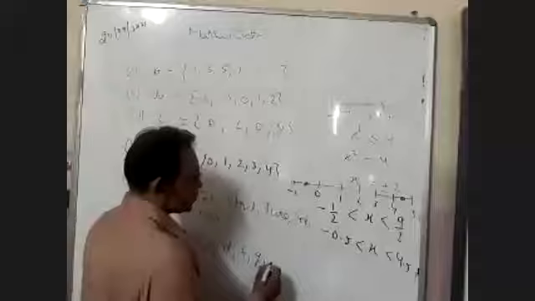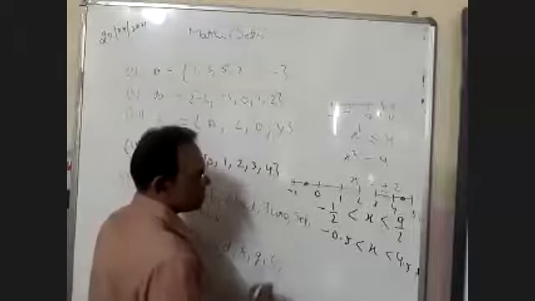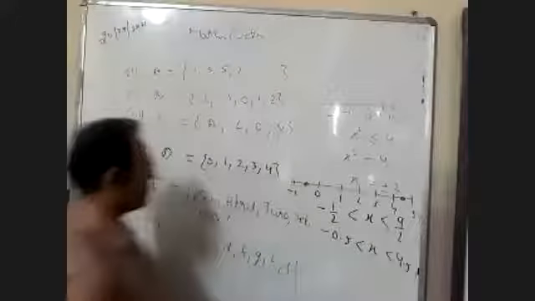H, I, J, K. B, C, D, F, G, H, J. These are before K. K से पहले. ठीक है? So you have to use the commas and write them all.